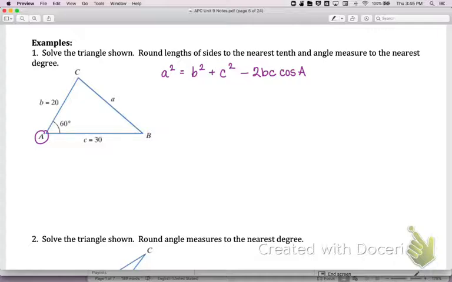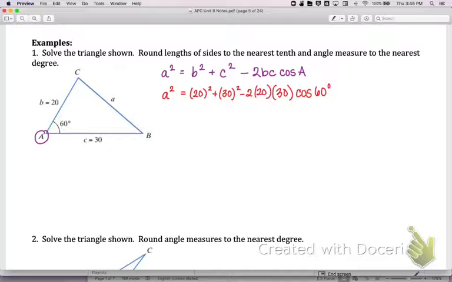So we're going to plug in the things that we know. We do not know side A, so A squared is equal to, B is 20 squared plus C is 30 squared minus 2 times 20 times 30 times the cosine of 60 degrees.